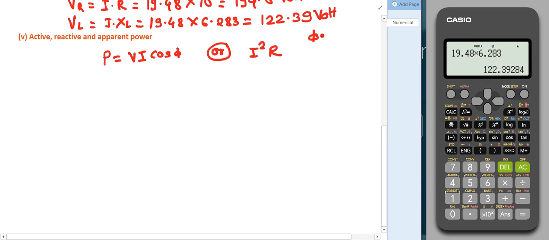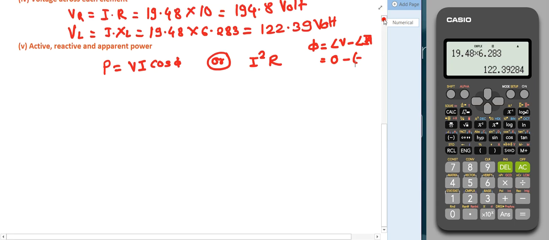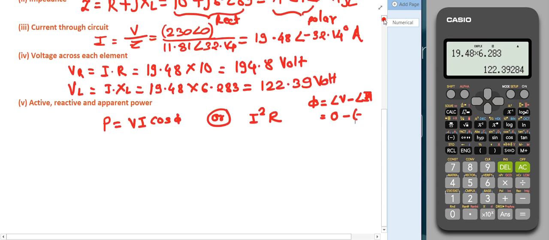Phi is nothing but angle of voltage minus angle of current. Angle of voltage is 0 and angle of current is minus 32.14. So my phi value is 32.14 degree.